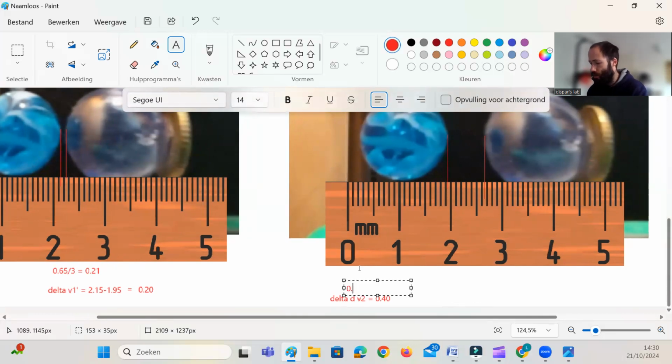So 0.65 times 2 divided by 3. That equals 0.43. So the expectation is 0.43 and the result is 0.40.